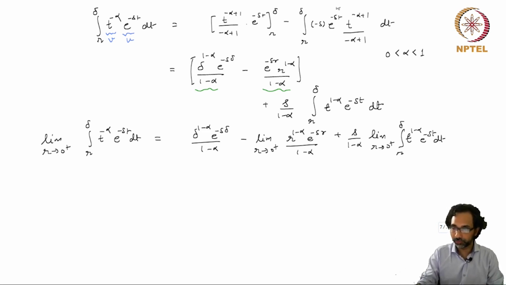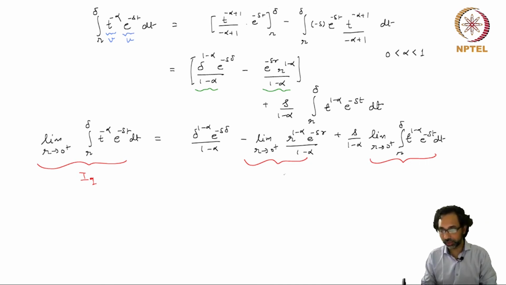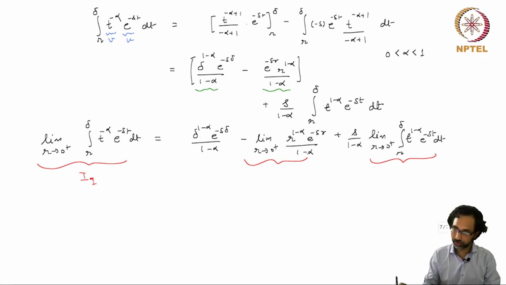So if you can prove that the limit in the second term and the limit in the third term exist, then this will mean that our I1 exists as well.